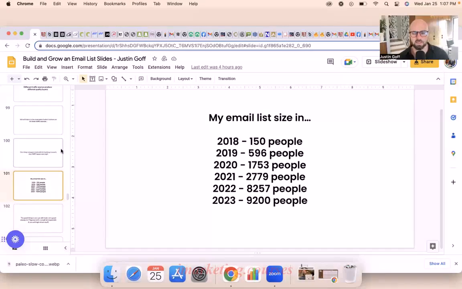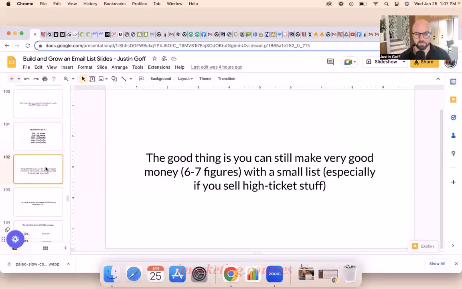So my list is not huge by any means. There's a lot of people in the make money space that have 50,000, 100,000, 200,000 person list. Mine is quite small compared to all those, but it still makes me really good money. You can still make really good money, 6 to 7 figures with a small list, especially if you sell high ticket.